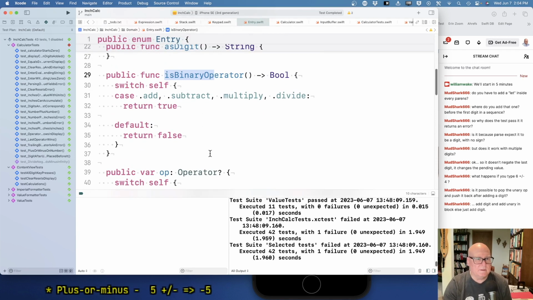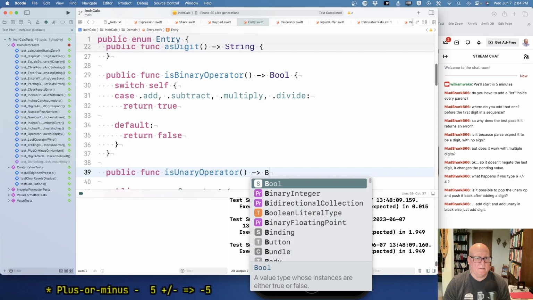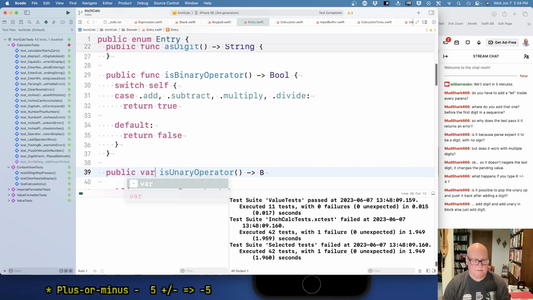Okay, and then is unary operator. Actually, these would probably be better as variables, wouldn't they? It's kind of a characteristic.